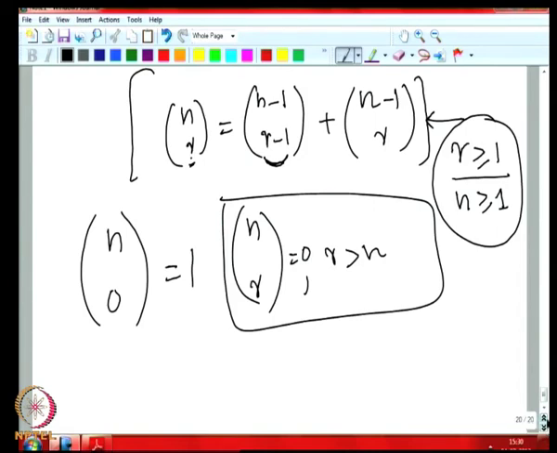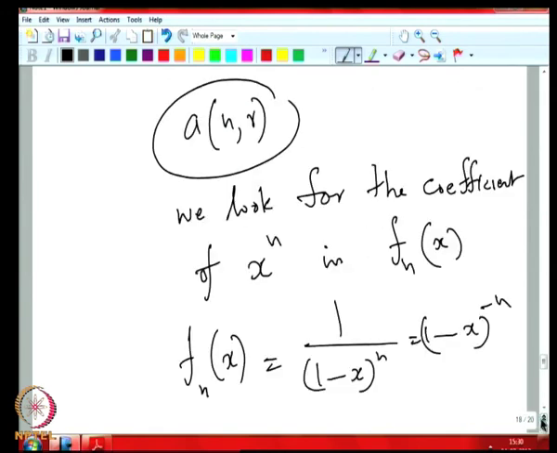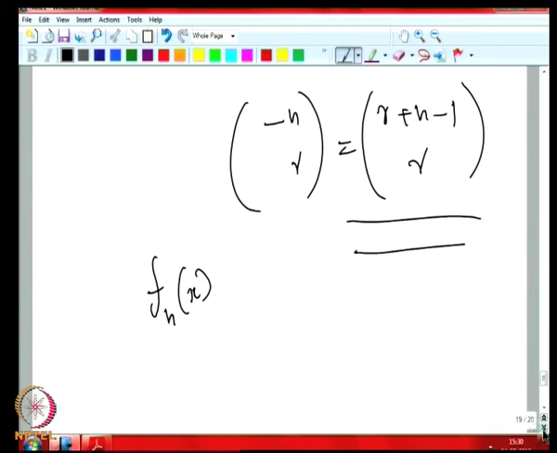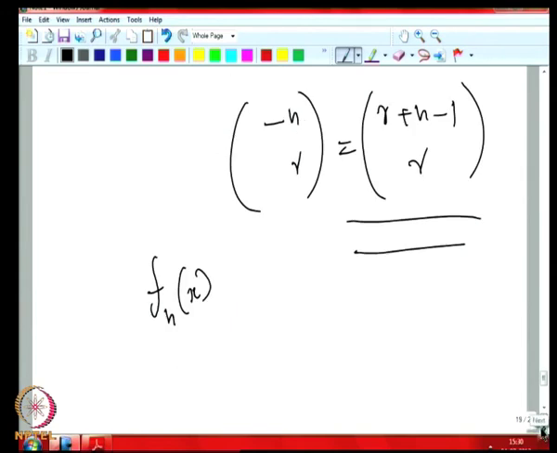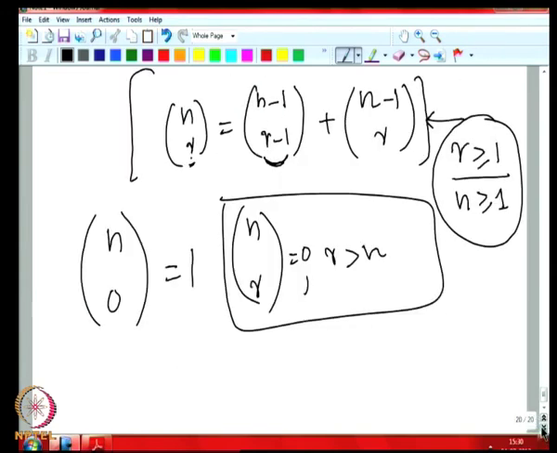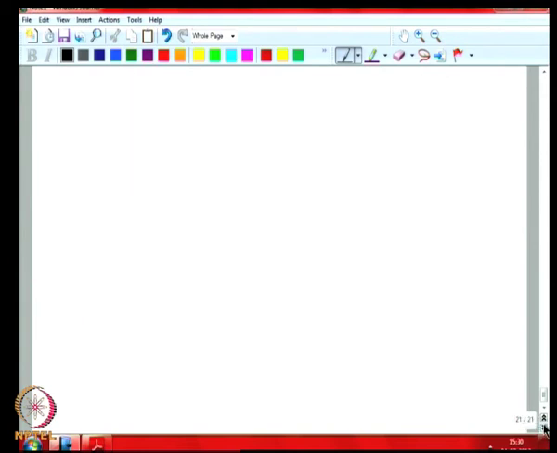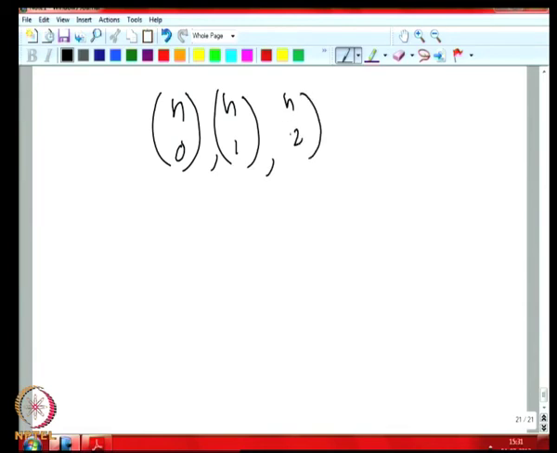And now that we have the recurrence relation, we will define some generating functions for that. Like we did in the earlier case, we will define sequences like this: fix an n, and then we can define the sequence n choose 0, n choose 1, n choose 2, n choose 3, and so on.